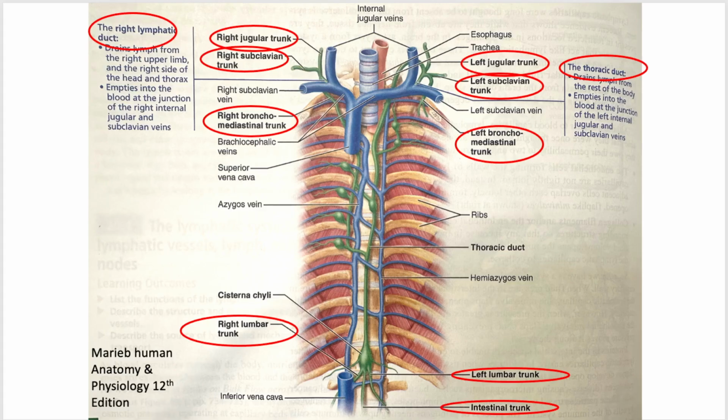All of that lymph eventually is going to drain into these two major ducts. The two large ducts are going to be the right lymphatic duct and the thoracic duct. That's what we see here highlighted in these red circles. So it's all coming in here and over here, which is very close to the superior vena cava, which is where it goes right into the heart, the right atrium of the heart.